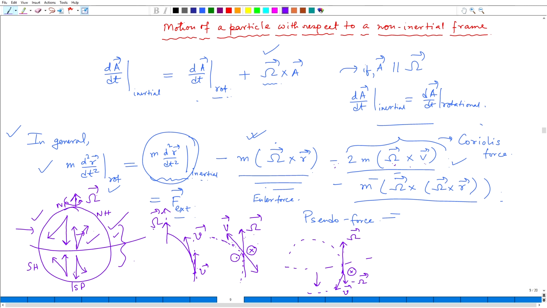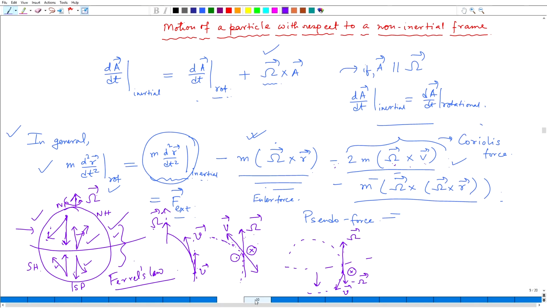So, for example, here it is deflected towards the right, here it is also deflected towards its right, because when it is moving in this direction, this is its right, and in the southern hemisphere it is deflected towards the left, and this is also true here, and this is known as Ferrel's law. Okay. And Ferrel's law can actually determine the direction of the air current and the wind, of course, which are moving on the surface of earth.